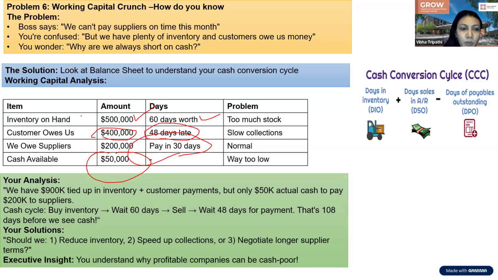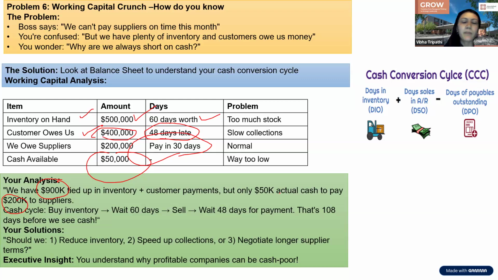So right now, how much money is tied up? 5 lakh in inventory, 4 lakh with the customers, total 900K is tied up in both these factors. This is called the operating cycle of the company. And you have to pay back to the suppliers at 200K. Okay. So 108 days. My God, that's too high an operating cycle.